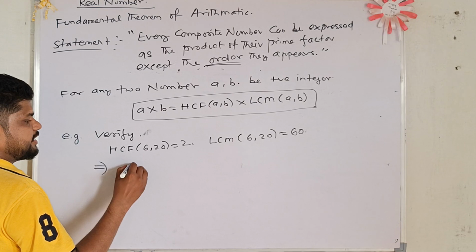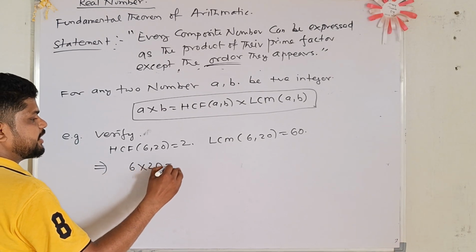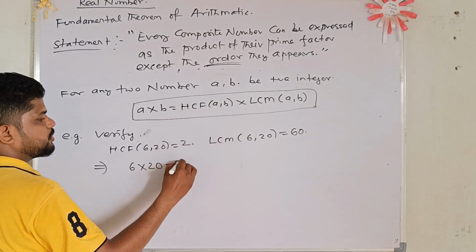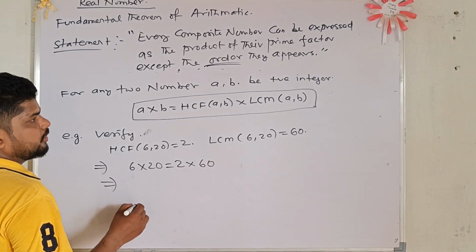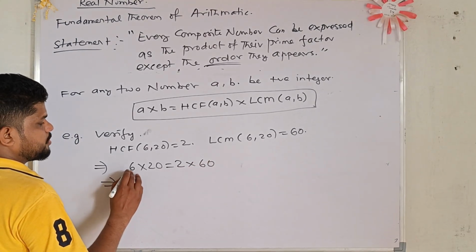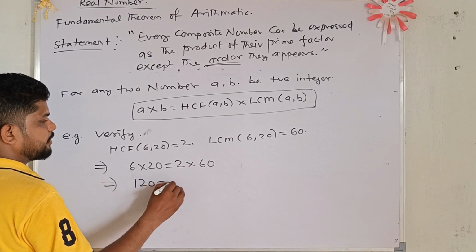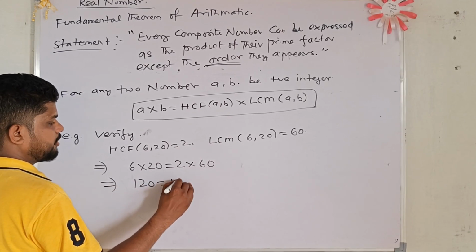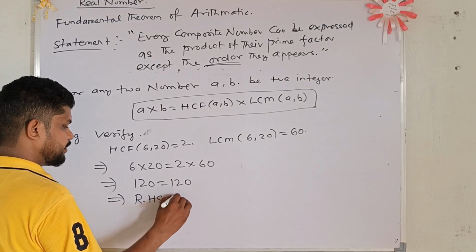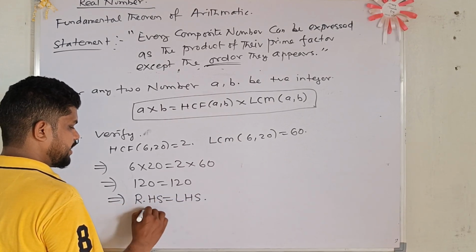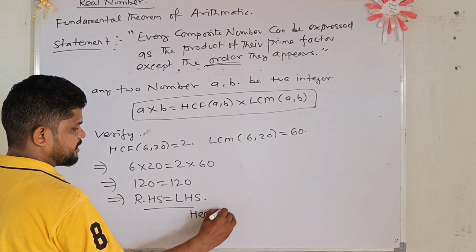A into B, that is 6 into 20, should equal HCF into LCM, that is 2 into 60. So it is 120, and 2 into 60 is again 120. Hence RHS is equal to LHS. Hence verified.